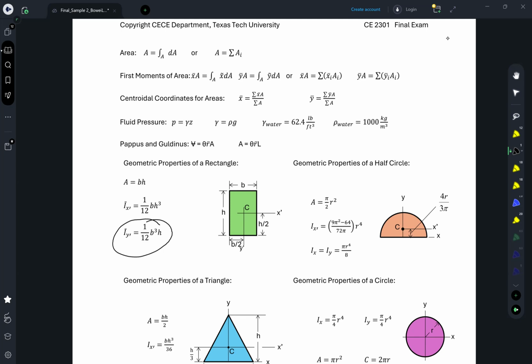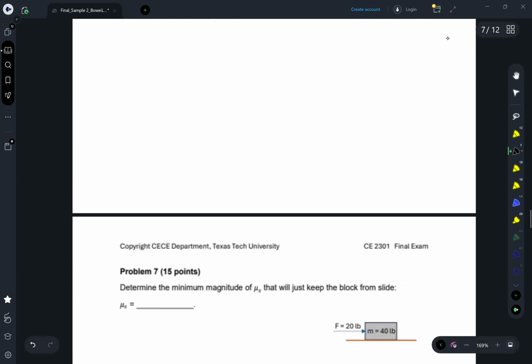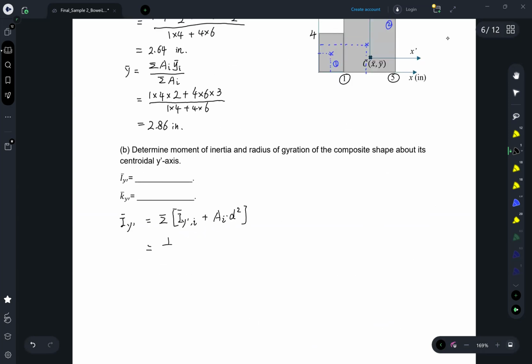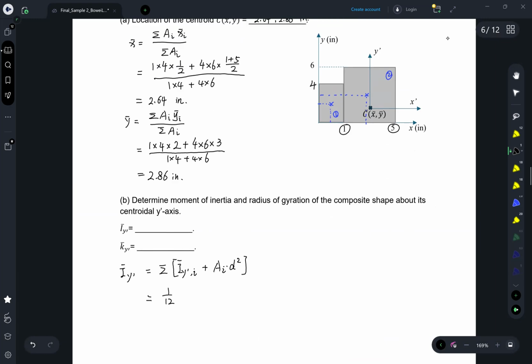So it will equal 1 over 12 times b, and please note, b is actually 1, the length of the side perpendicular to the y-axis, to the power 3, times h, which is actually 4.